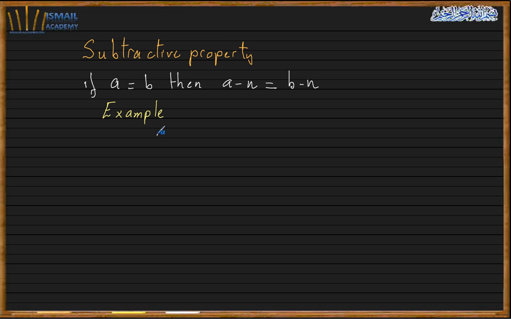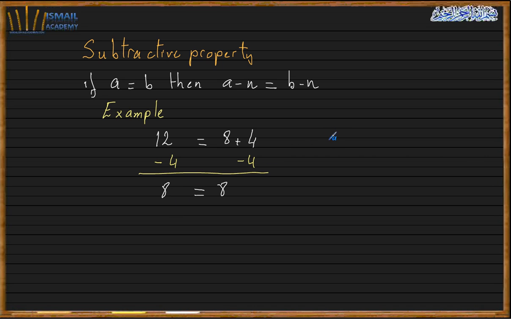So for example, if I have 12 equals 8 plus 4, if I minus 4 from both sides, you see I subtract the same number. So 12 minus 4 is 8, and we have 4 minus 4 is 0. What's left is 8. You see, they're still equal.